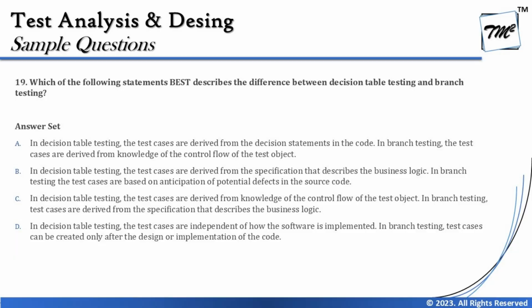So let's go to option B. Option B says in decision table testing, the test cases are derived from the specification that describes the business logic. That makes sense. Whereas in branch testing, the test cases are based on anticipation of potential defects in the source code.